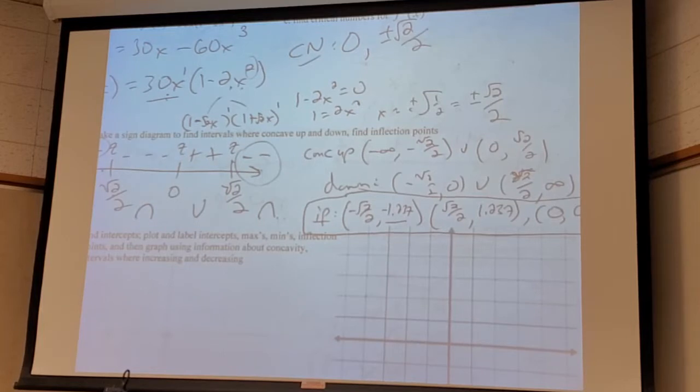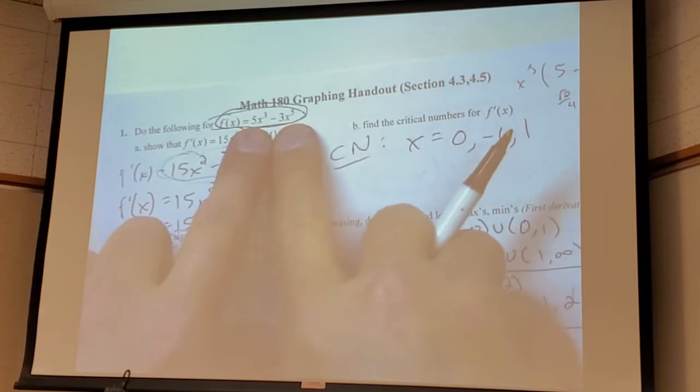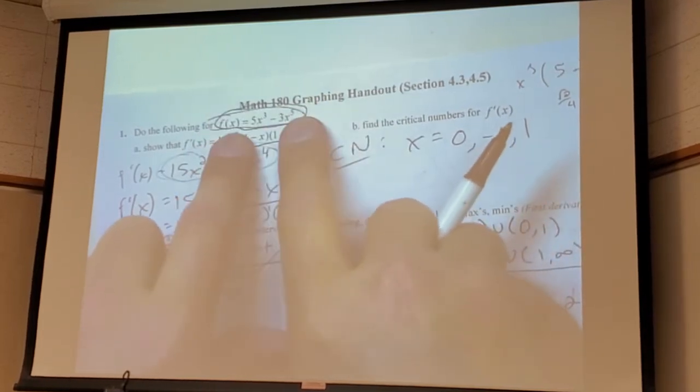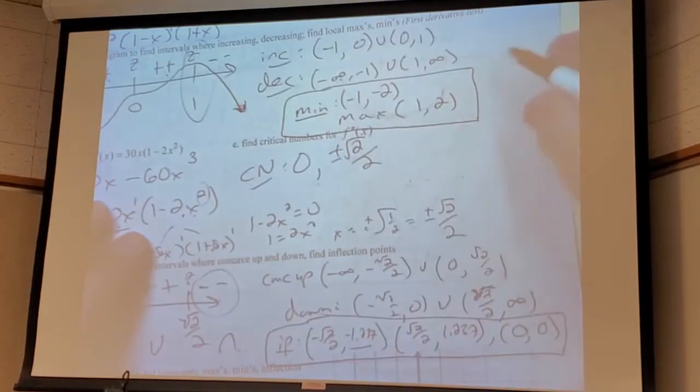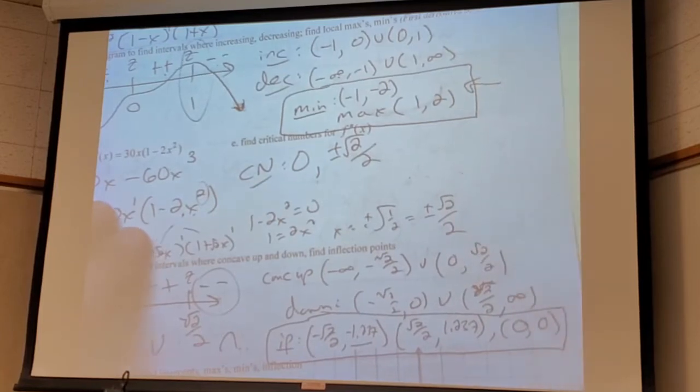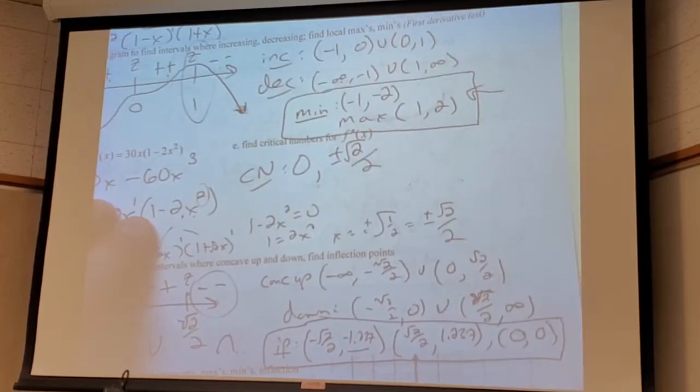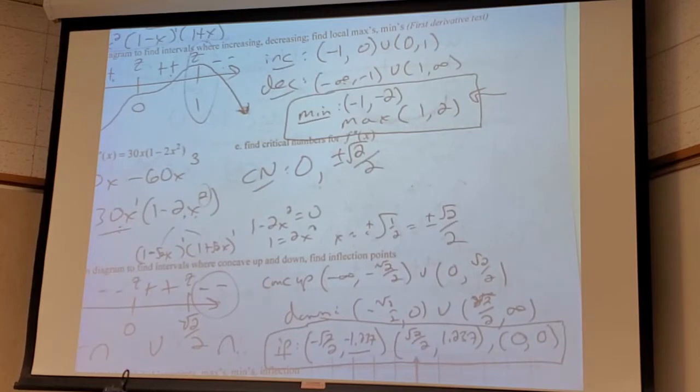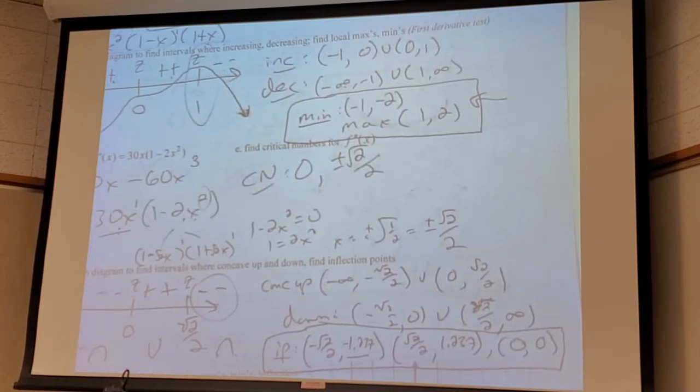No, that tells me slopes. It's the original. How do I figure out a point the graph goes through? I just plug an x value into F. So anytime you're trying to find points, you have to use F.